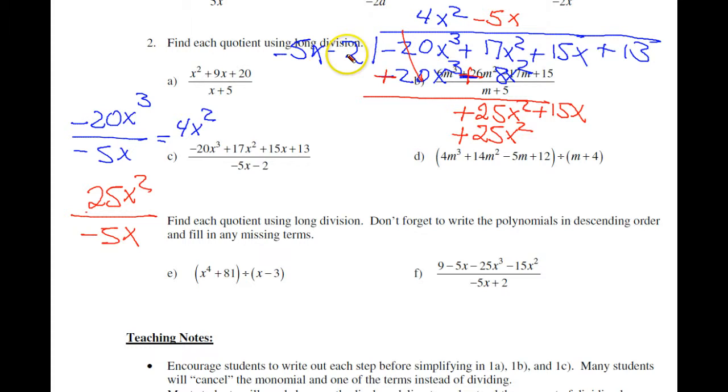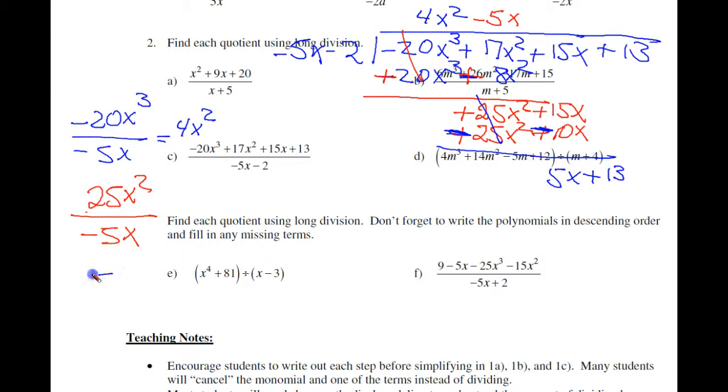A negative 2 times a negative 5x gives me a positive 10x. I put my line, but change my signs. This will cancel out. Here I get 5x plus 13.